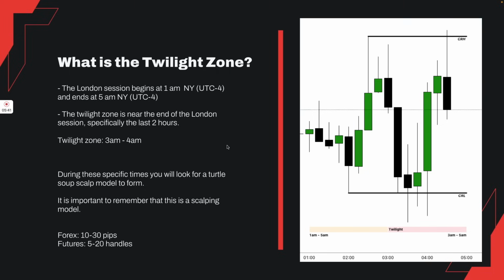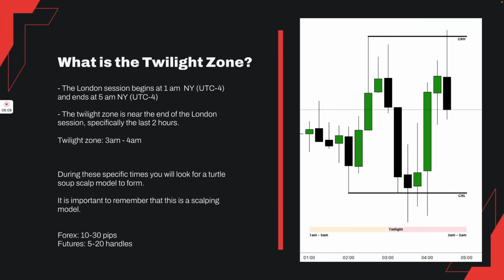Now, whether you will be executing the turtle soup or an order block or a fair value gap or a breaker, whichever model you would like to enter on, it will be there. And if it isn't, you do not execute. There will always be another London session the next day.